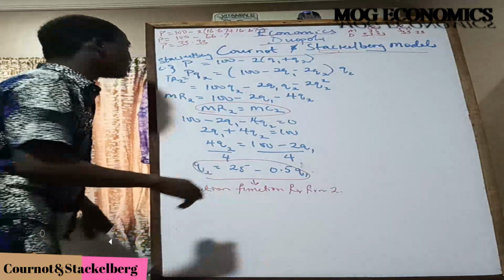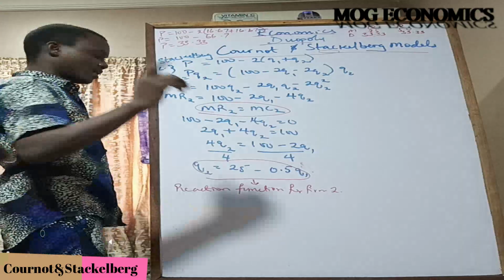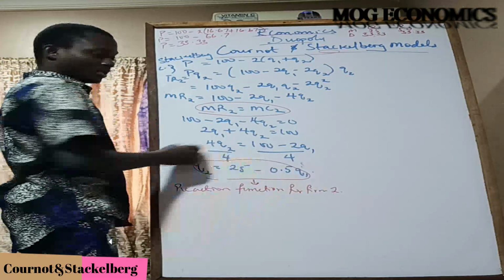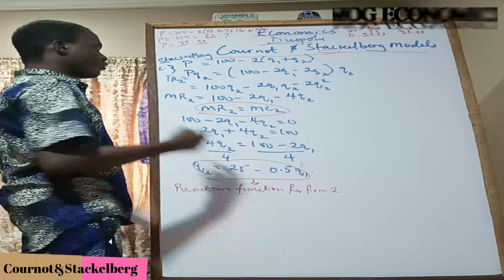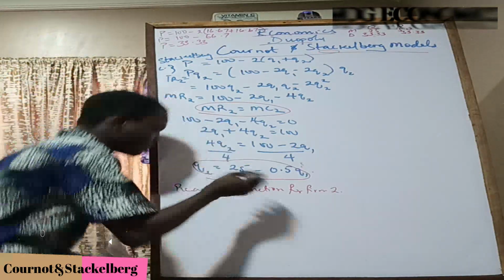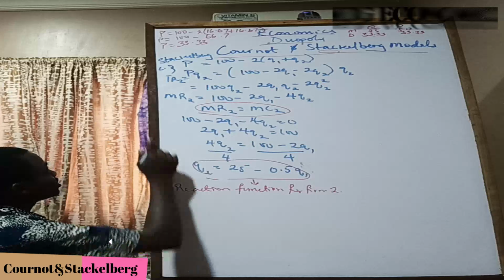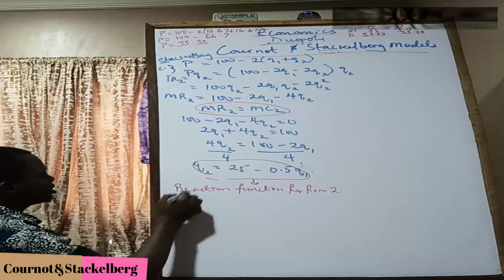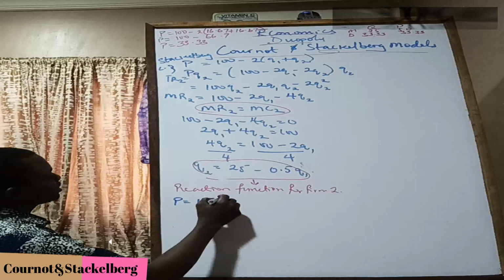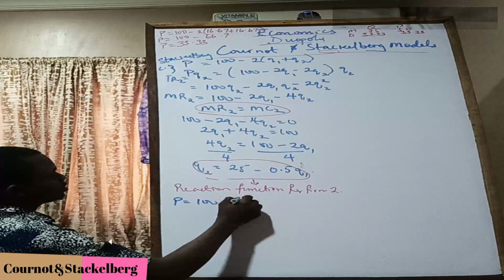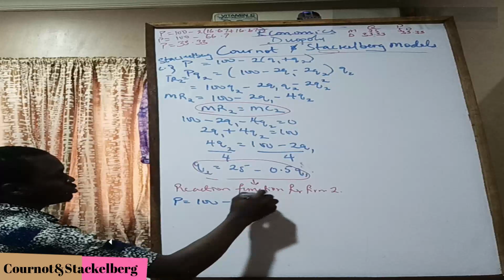So what is now going to happen is that the leader will consider this output, this function here, in setting its own output. So for the Stackelberg model, our P is now going to be equal to 100 minus 2q1 minus 2q2, right?